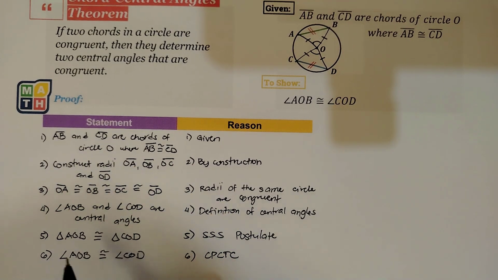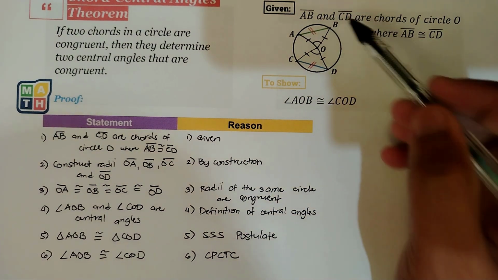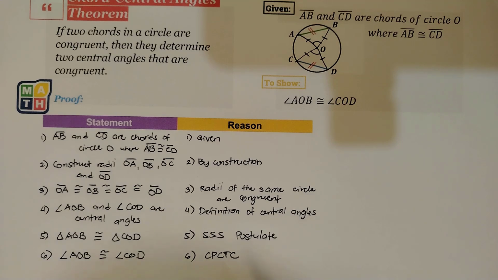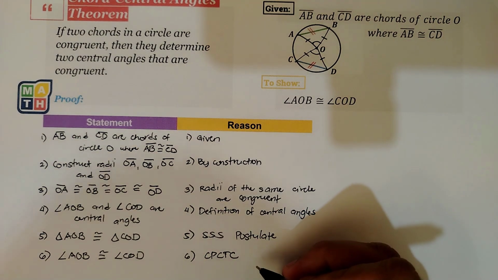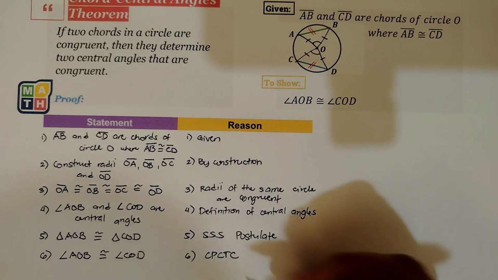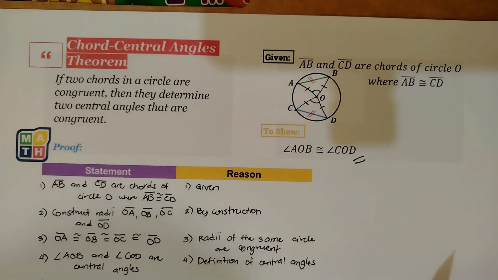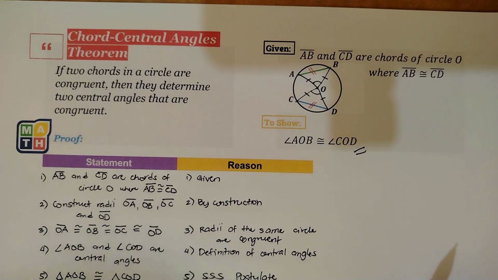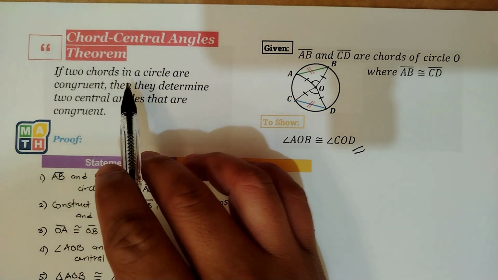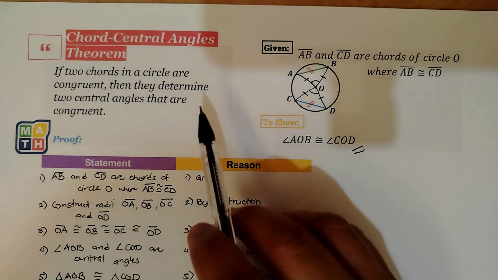This means that once we have established that the triangles formed are congruent, angles AOB and COD, being the central angles, are also congruent. Now, this is the end of our proof showing that our two central angles that are developed here are congruent, and that is the purpose of this video. This is now the proof for the Chord-Central Angles Theorem, and this will now be used in our classes because this is already proven, which states that if two chords in a circle are congruent, then they determine two central angles that are congruent as well.